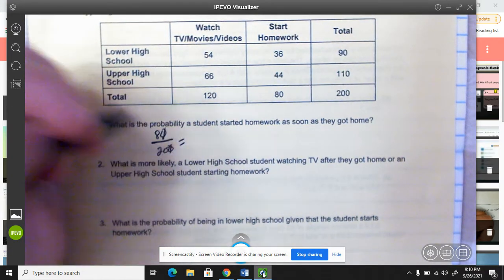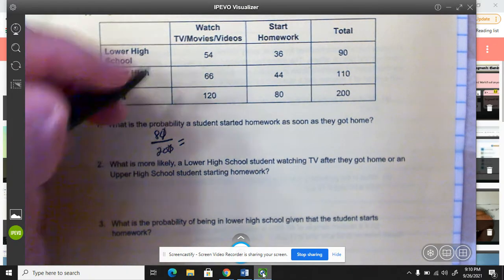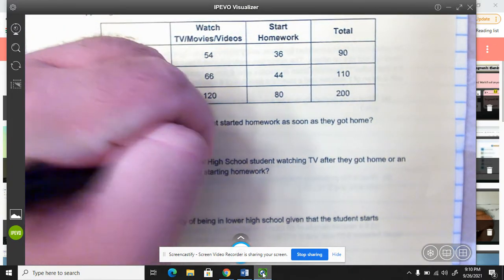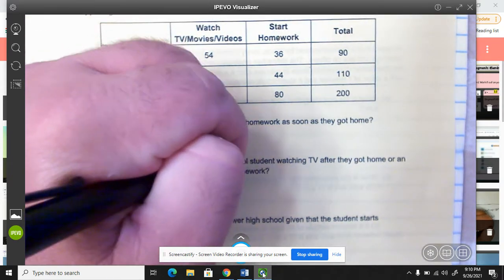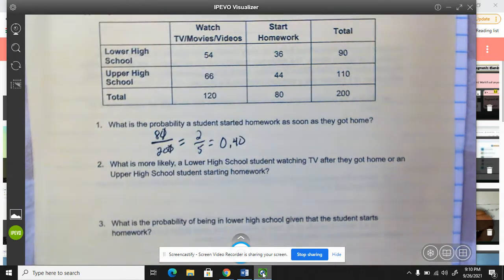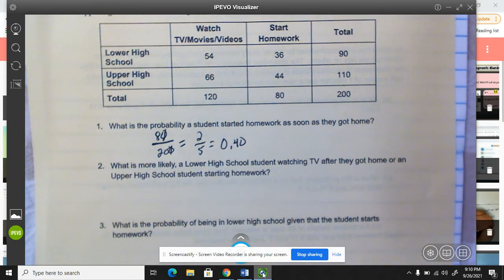Or you can just simplify. 4 goes into both 80 and 200, giving 2 out of 5, or, it'd be good practice, 0.40. Okay, that's probability. Now we don't want to do a percentage. This just means 2 out of 5 students started homework, 4 out of 10. Different probability, that's what we're looking for.